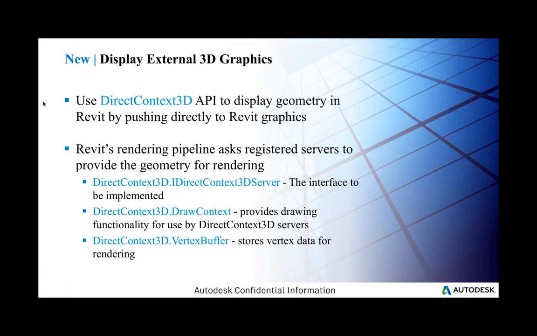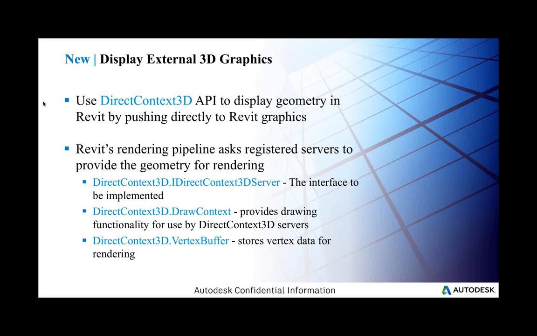And this new functionality is accessed by registering with a specific IDirectContext3DServer interface. And Revit's rendering pipeline will ask the registered servers to provide the geometry that they would wish to display.